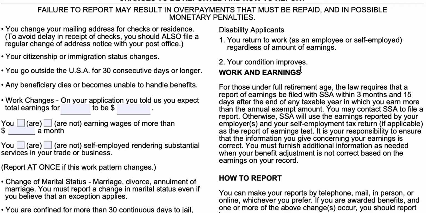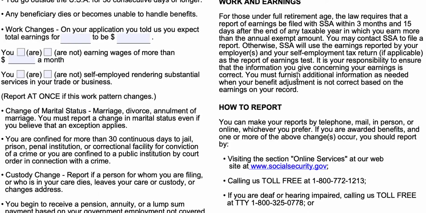So you can contact the Social Security Administration to file that report. Otherwise, the SSA will use the earnings reported by your employer or your self-employment tax return to conduct the earnings test. That was what we were discussing earlier when we were going through some of these questions about your earnings. So if you're under full retirement age, your work and earnings history can be taken into consideration for benefits purposes. Once you reach full retirement age, then that's no longer the case.